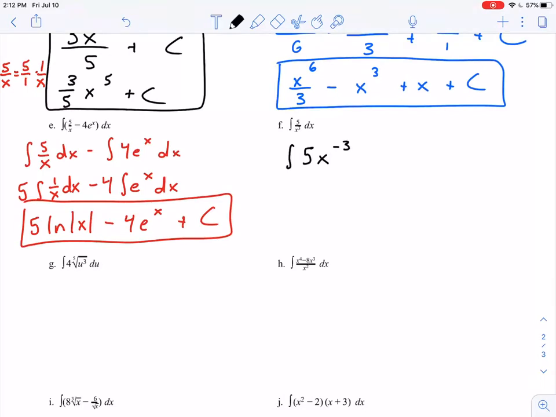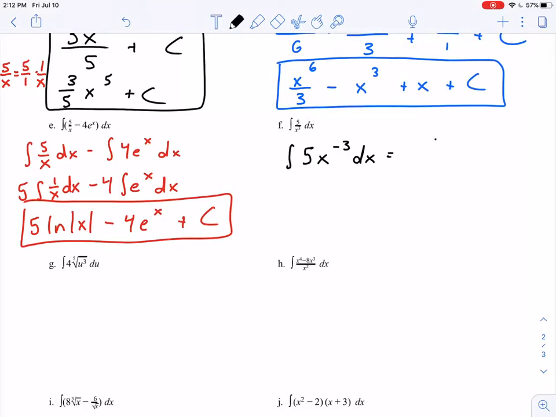So rewrite this as 5x to the minus 3 dx, and then I'm going to apply my power rule again, just keeping in mind we're working with a negative exponent. Things might feel a little bit different, but we're still doing the same 2 steps.